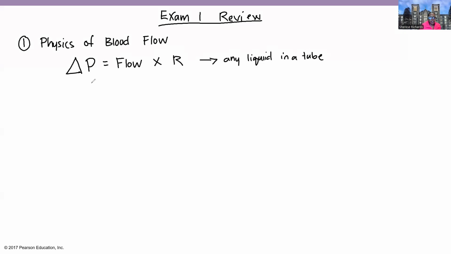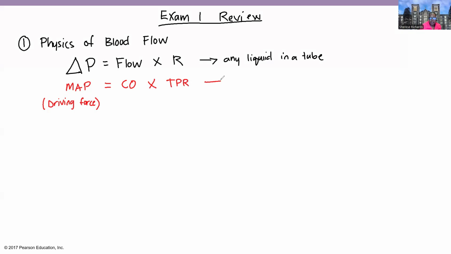But as far as converting this to our physiology, the equation we want to recall is going to be mean arterial pressure. And another way to express this is our driving force. This is the force pushing blood through our vasculature. So the driving force is equal to cardiac output times total peripheral resistance.